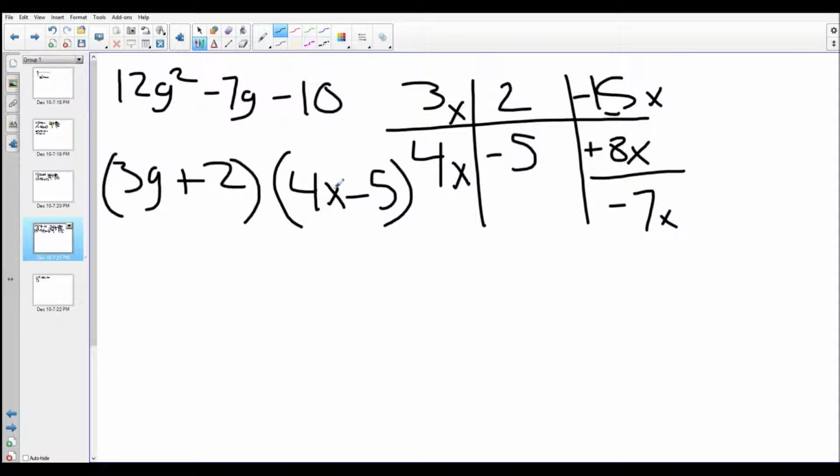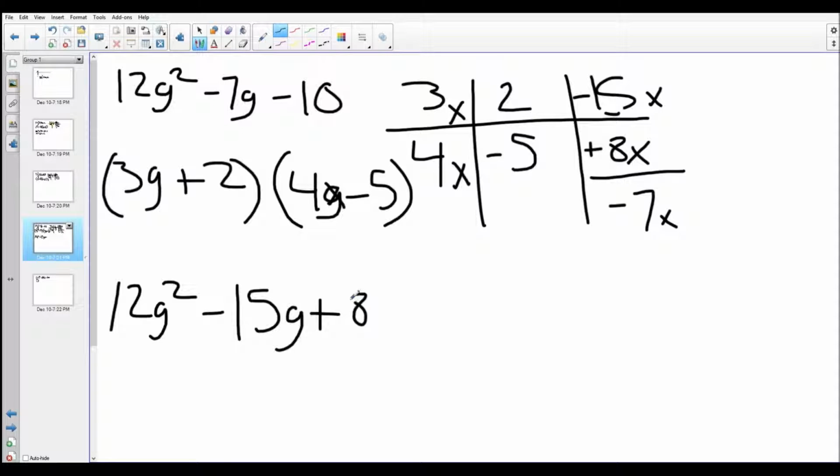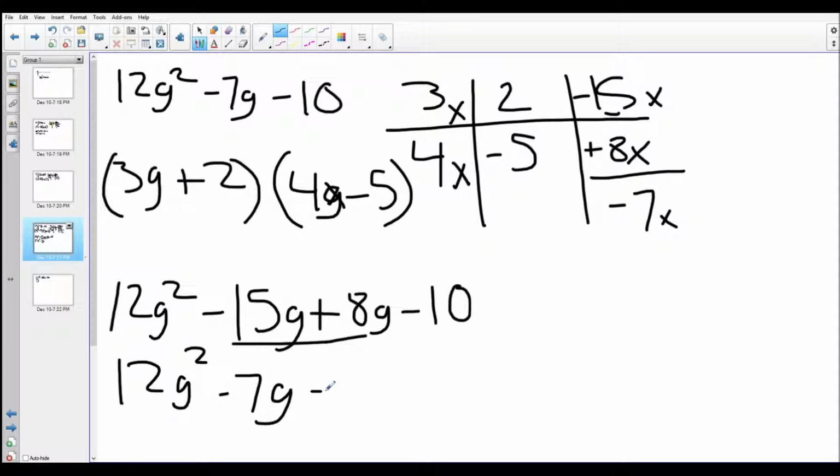So 3g times 4g would give us 12g squared, and 3g times -5 would give us -15g. Now 2 times 4g would give us 8g, and 2 times -5 gives us -10. We can collect the like terms, which are these two. So -15 plus 8 will give us -7g, and then -10.